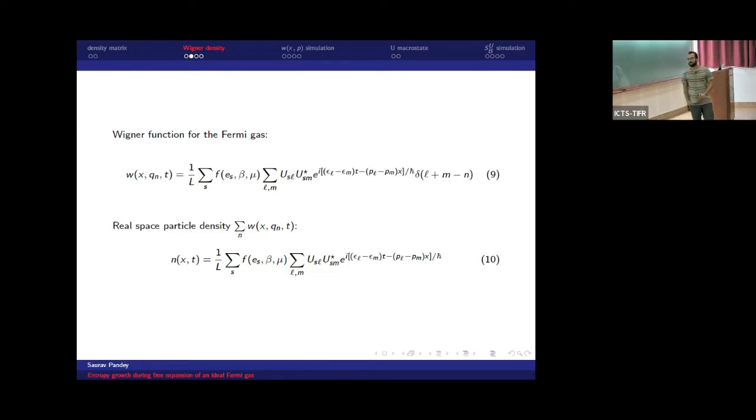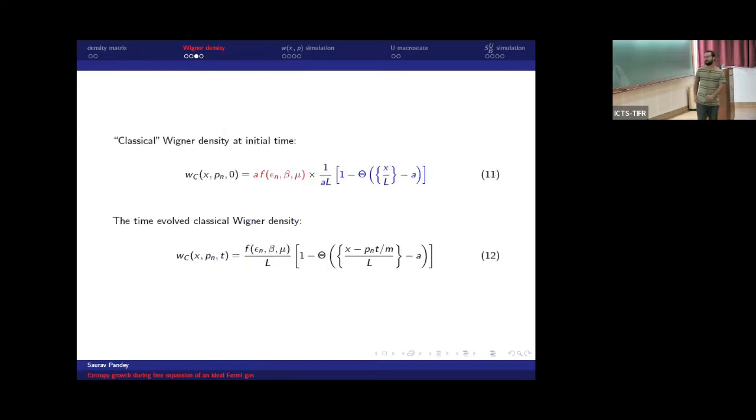Okay, so why do we introduce this Wigner function? Because what we do is we define this classical Wigner function. And how do we define it? We define it at the initial time as the product of the marginals of the actual quantum Wigner function.